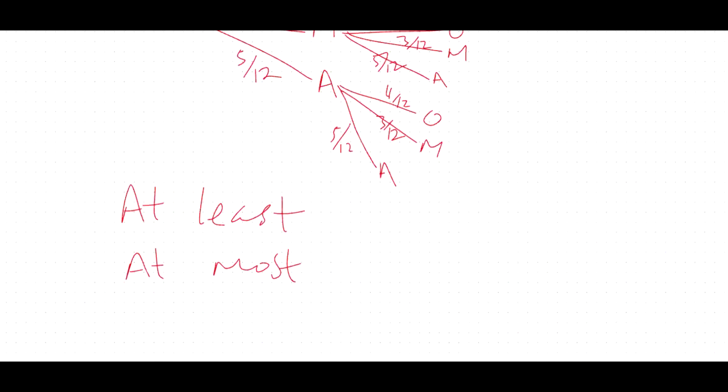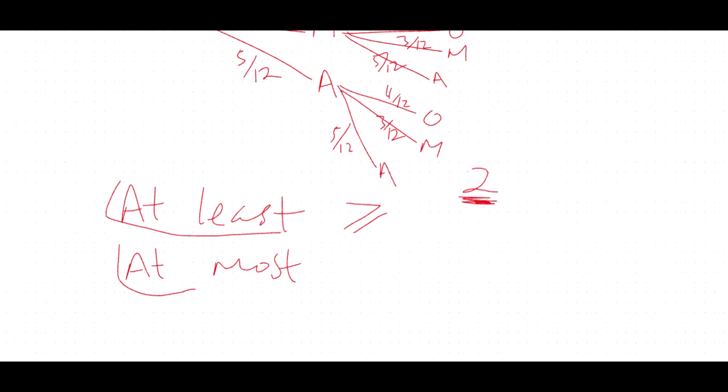So when you have the terms at least and at most, okay? So at least means greater than or equals to. Okay, so if we are saying at least 2, so meaning that the least number can only be 2. So it is all the numbers which are equal to 2 or greater than.